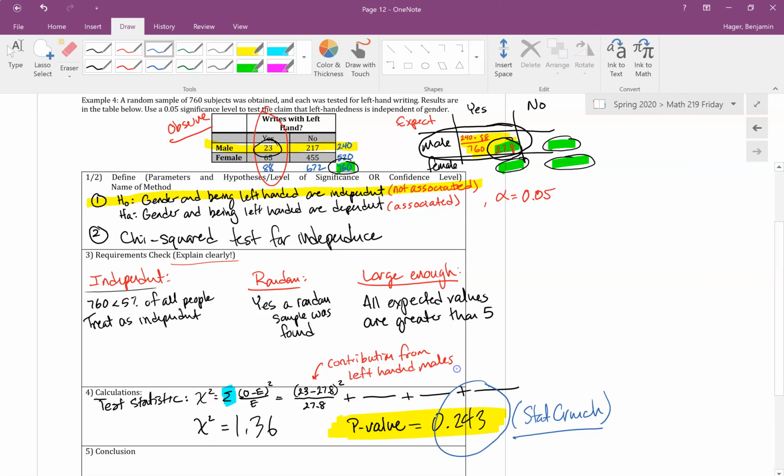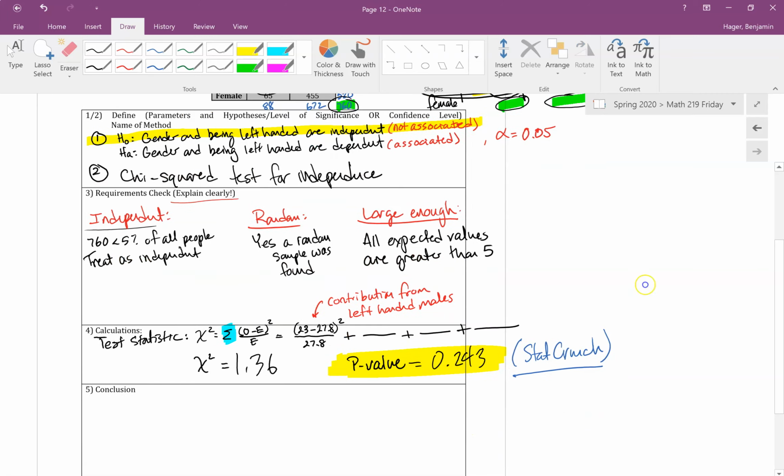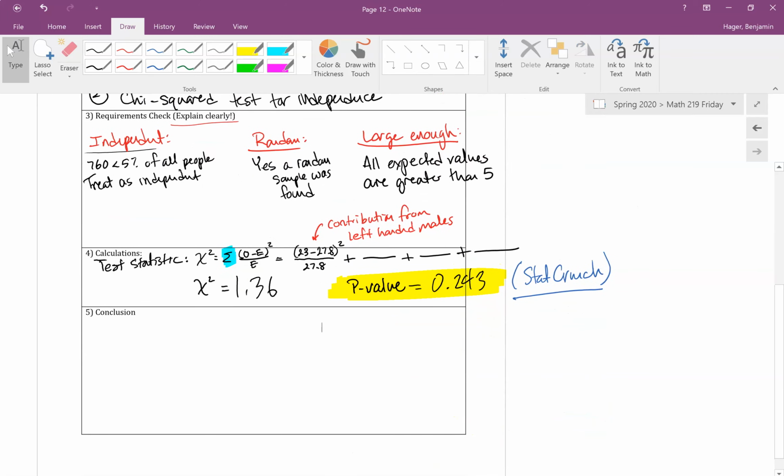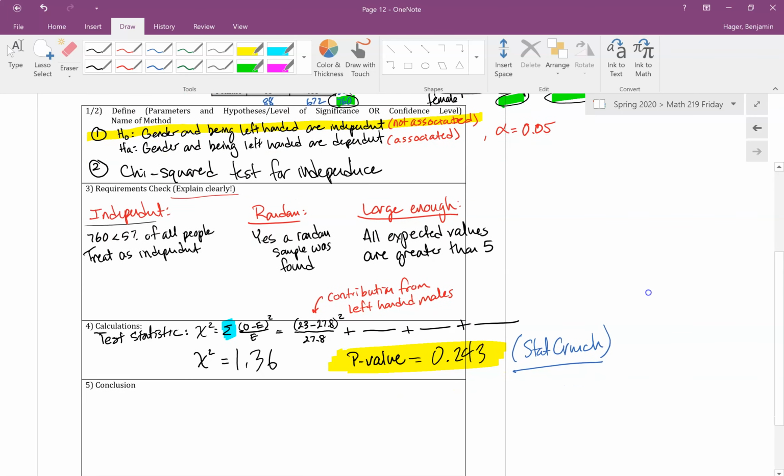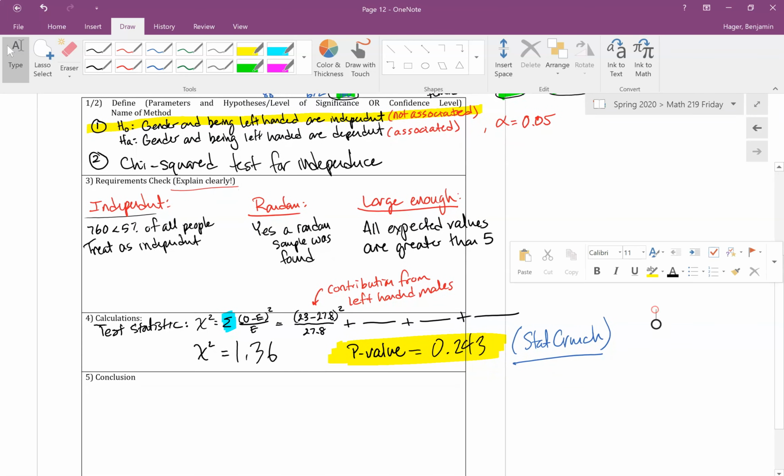There's a 24% chance that I would get this type of data if there really is no link between left- and right-handedness and gender. So that's not that unlikely, right? That's not out of the ordinary or that abnormal. In other words, we do not think the null is wrong. I do not reject the null. We stick with the status quo that there appears to be no association between them.